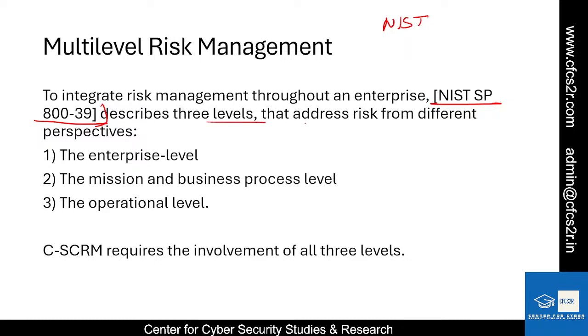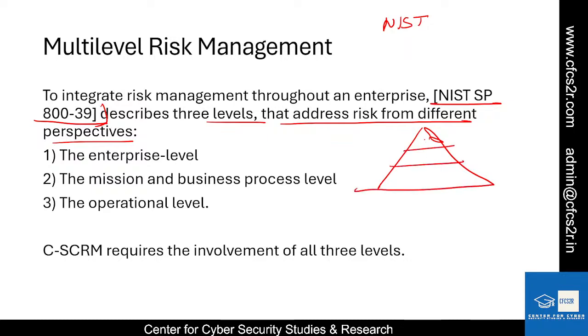It describes three levels that address risk from different perspectives. Basically, it is a model where risk management is done at three different levels: the enterprise level, the mission and business process level, and the operational level. It is a pyramid-type matrix where level one is the enterprise, level two is the mission business process, and level three is the operational level.